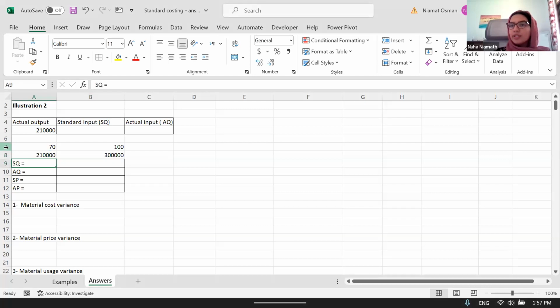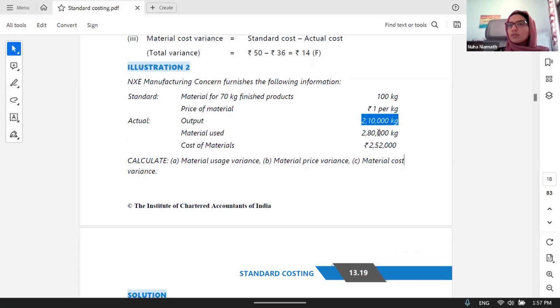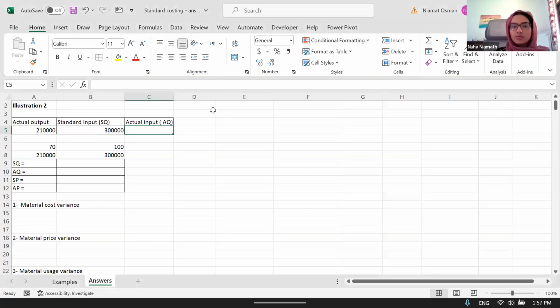Correct? Everybody clear here? 3 lakhs. Perfect. So this is nothing, just the unitary method. This will give us our standard input of 3 lakhs. Correct? And what is our actual input? It's already given to be 2,80,000. Material used, actual material used, 2,80,000.